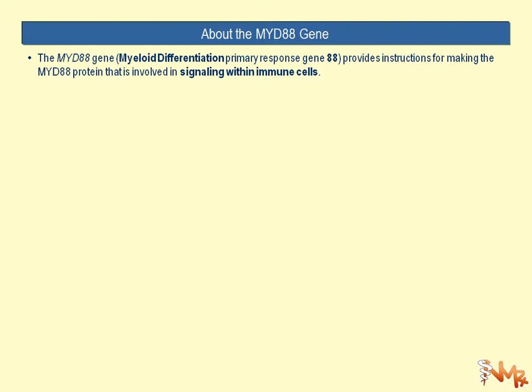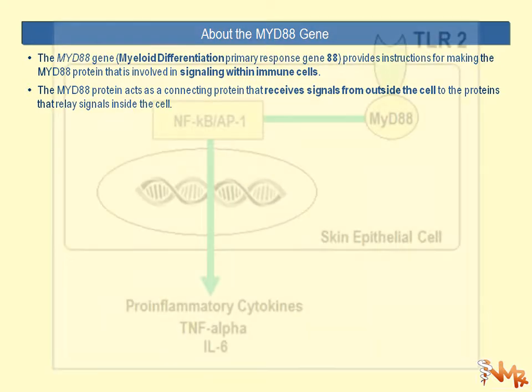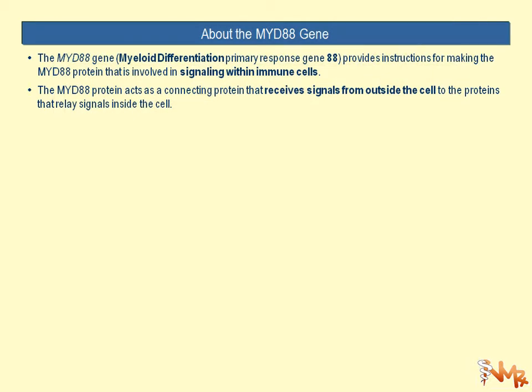This provides instructions for making the MyD88 protein that is involved in signaling within immune cells. MyD88 protein acts as a connecting protein that receives signals from outside of the cells and passes them to proteins that relay signals inside the cells and into the nucleus of the cells.